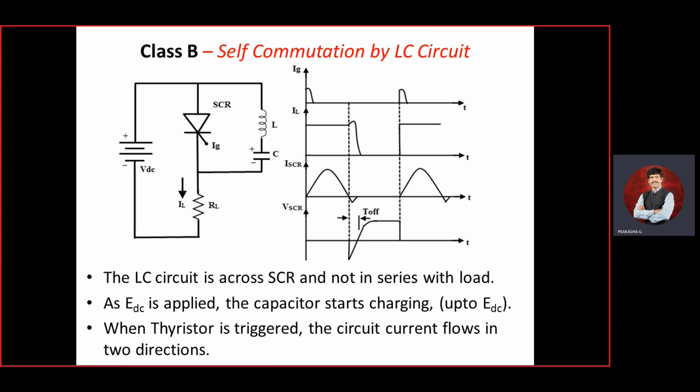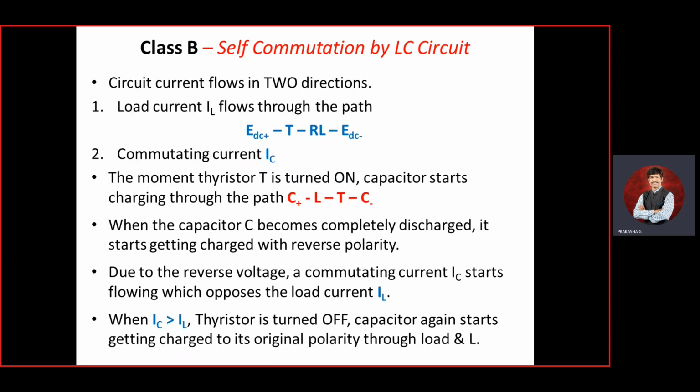When it discharges, the current will flow in the opposite direction. So IL is coming in this direction, IC is going in the opposite direction. This is IL, this is IC, so both are in opposite directions. Due to the reverse voltage, the commutating current IC starts flowing, which opposes the load current IL.